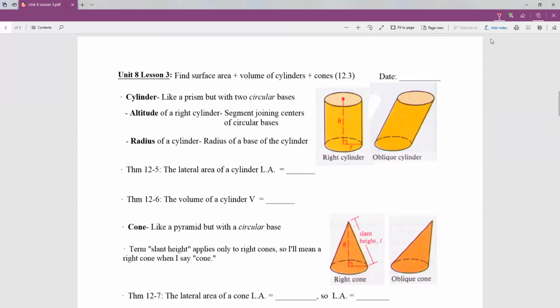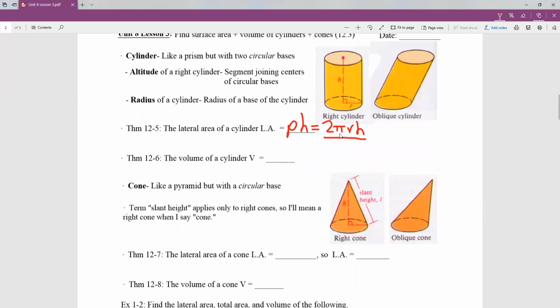But now we know a special formula to find the perimeter. Since it's a circle, the perimeter is just 2 pi r, right? That's the perimeter of a circle. And then times the height. So really the formula we're going to be looking for is 2 pi r h. Okay. So that'll give us the lateral area.